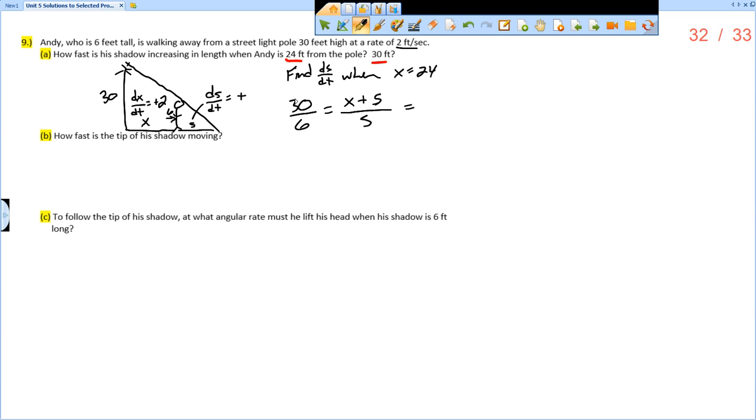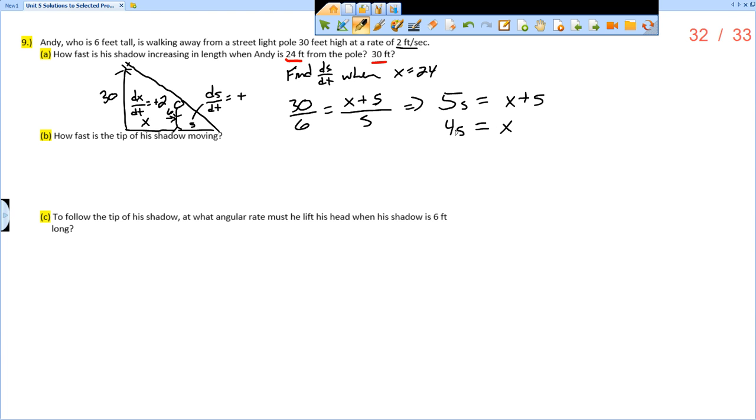If I simplify, 30 over 6 is 5. So I get 5s equals x plus s, and that is how our variables are related. I can subtract s, so I get 4s equals x.